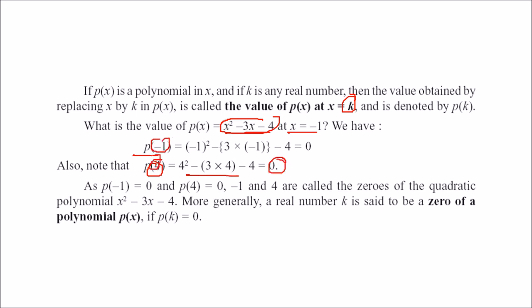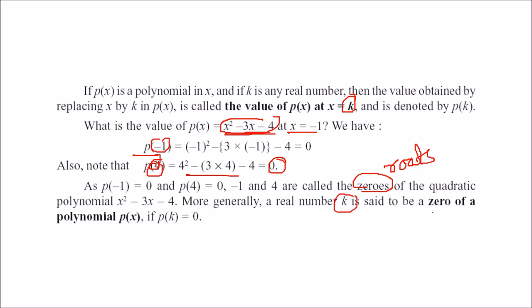So at certain values where this quadratic equation, for example, is becoming 0, we call them zeros of the quadratic polynomial. In later classes you will also know this by the name of roots. Right now we call them zeros of the polynomial.